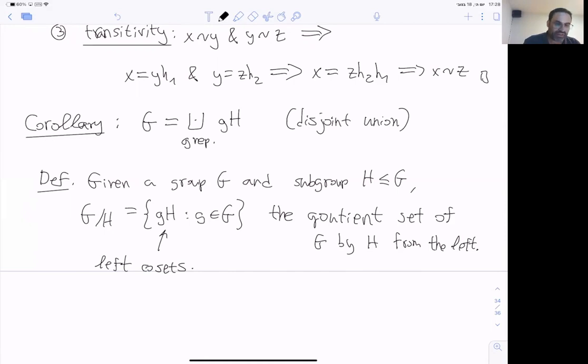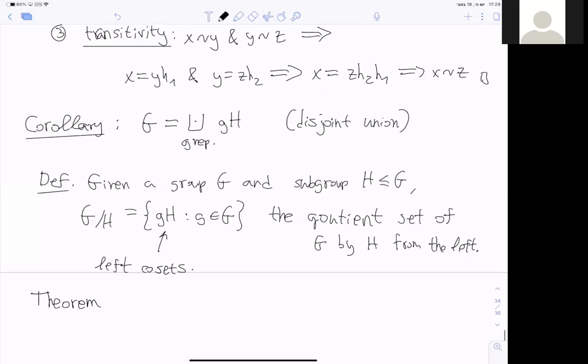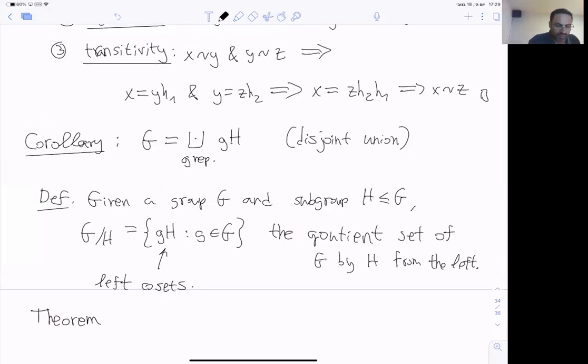So now we can deduce immediately the theorem of Lagrange. So you don't prove the corollary? It's immediate, yes, because this is a property of equivalence relations in general.